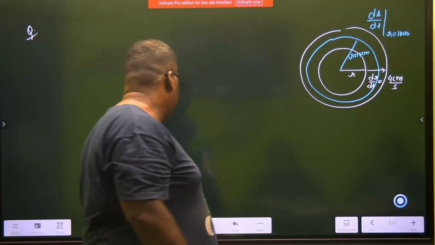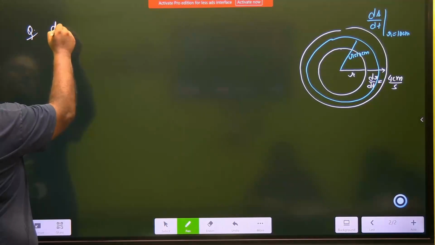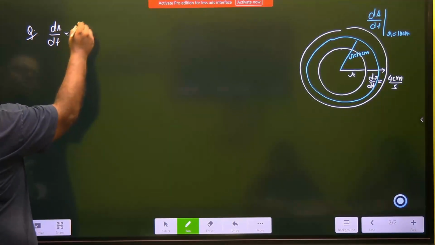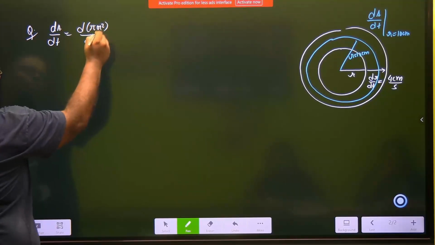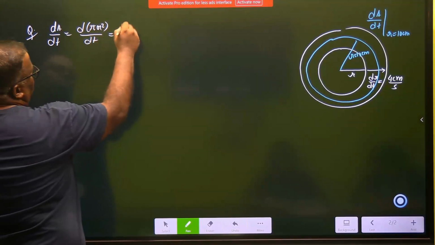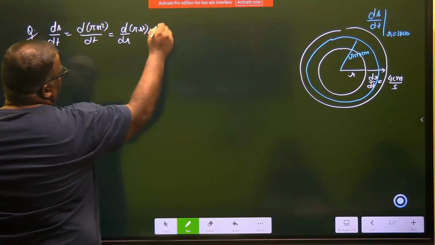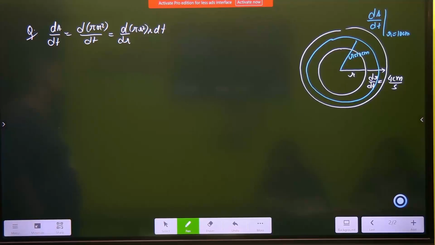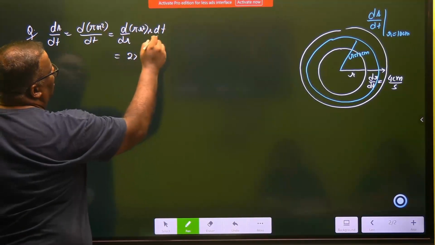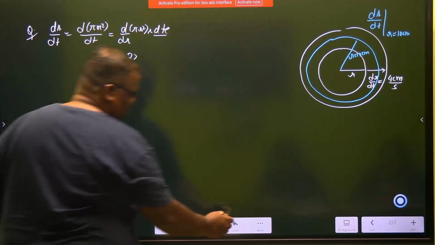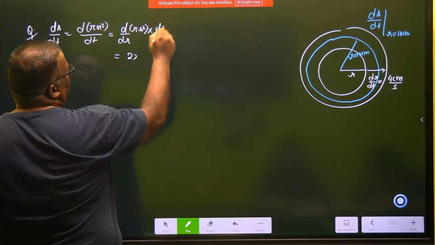Shall we try to solve this problem? In this problem we have to find dA by dt. The ripple is always circular, so it is d(pi r square) by dt, but you cannot differentiate cat to dog, so you make it d/dr of pi r square into dr/dt. Whenever you differentiate area, you get circumference, so you get 2 pi r into dr by dt.